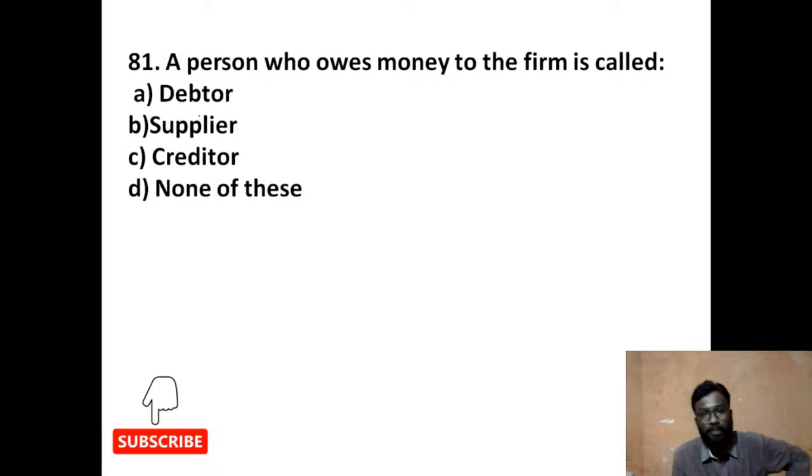A person who owes money to the firm is called what? As we discussed in the first section, the person who has to pay money to the firm is called a debtor. The one to whom the company has to pay is a creditor, but the person who is about to pay the amount to the company is called a debtor.